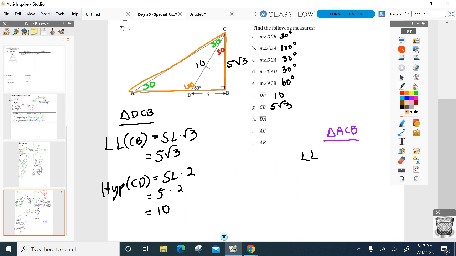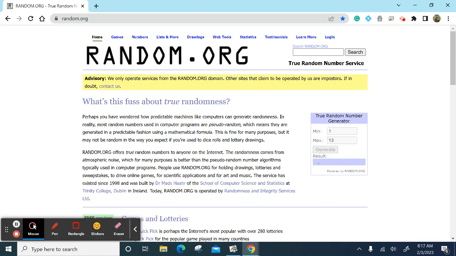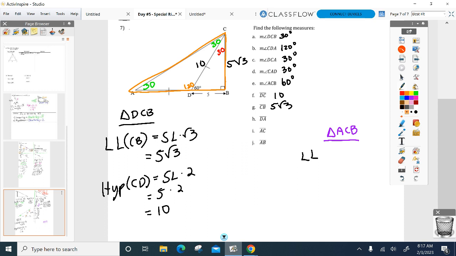There's a couple ways you could find it, but I'm going to do the rule. First of all, can somebody name the longer leg in triangle ABC? What is the longer leg there? It's the one across from the 60-degree angle in triangle ABC. Yeah, but I want you to name the side. AB. All right, AB. And how do I find longer leg again?